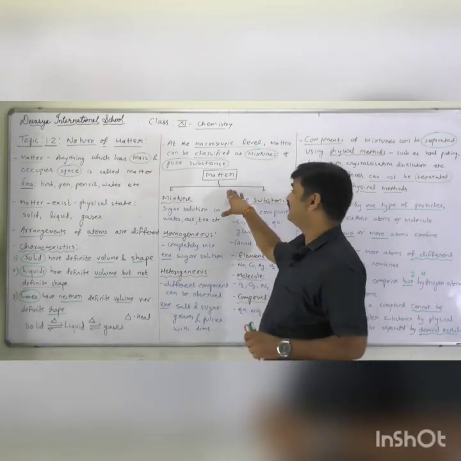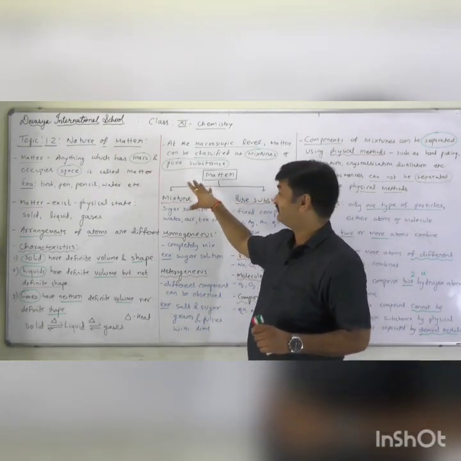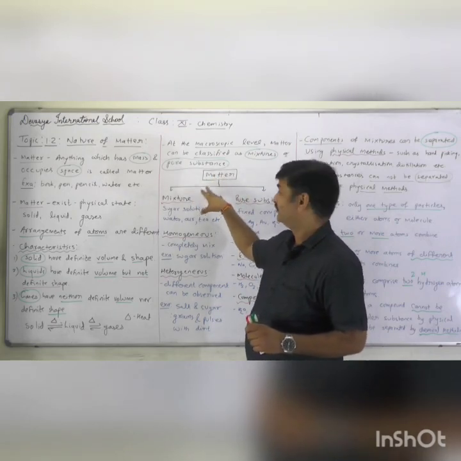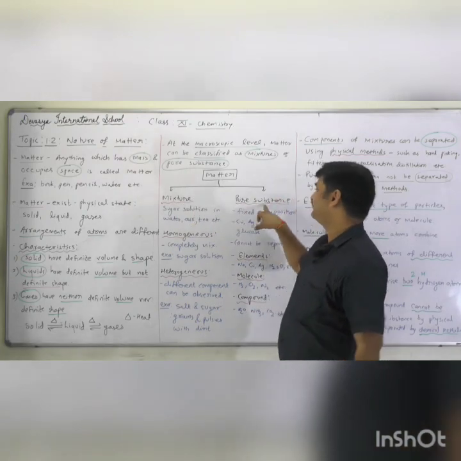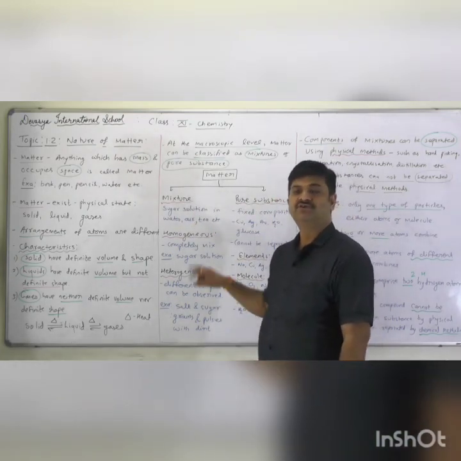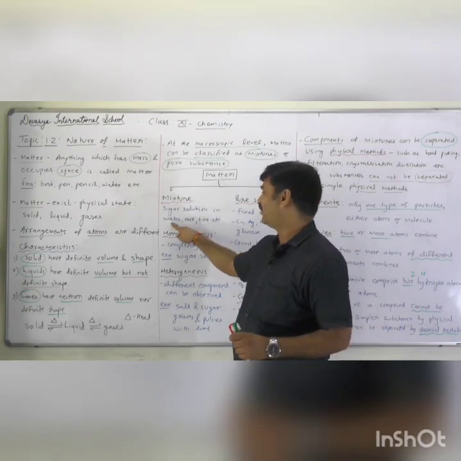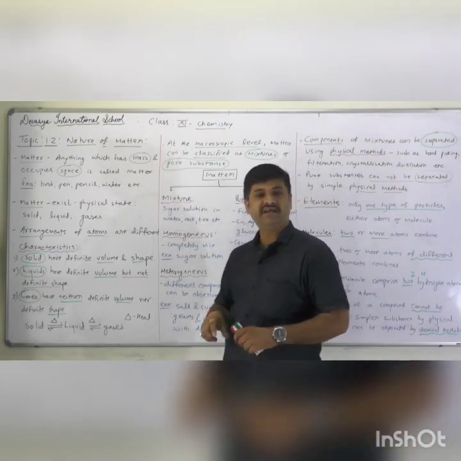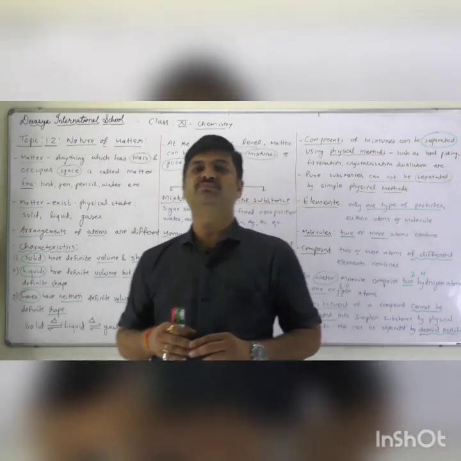So with the help of this flow chart, we can explain different type of matter. First of all, matter can be classified as mixture as well as pure substance. तो मिक्सचर में क्या होता है, for example sugar solution है, water है, air है, tea है, these are examples of mixture.